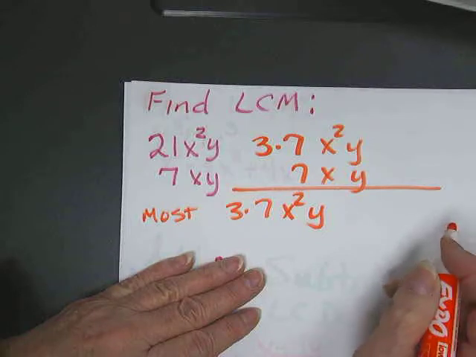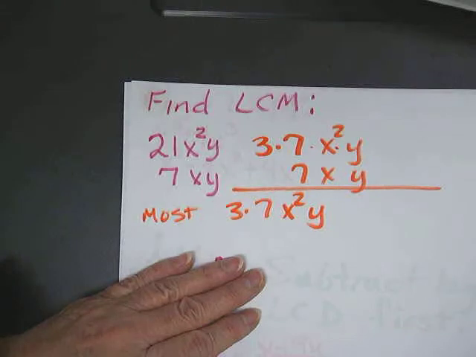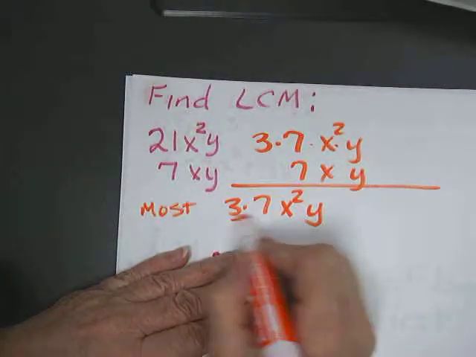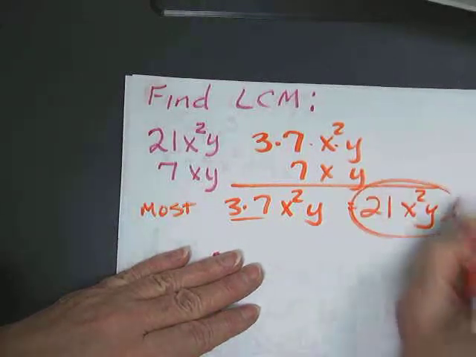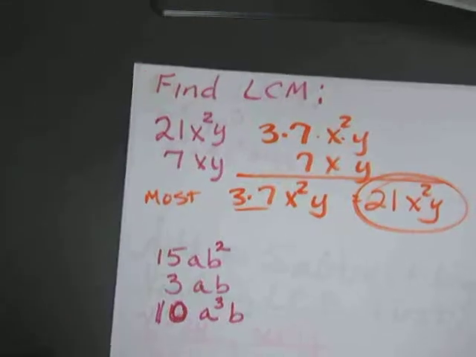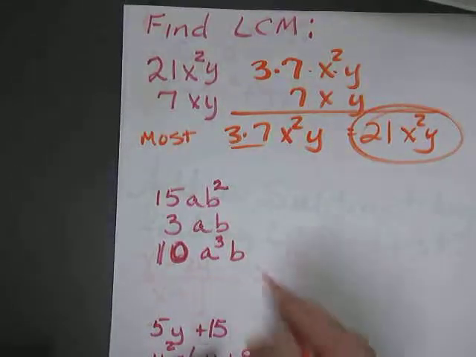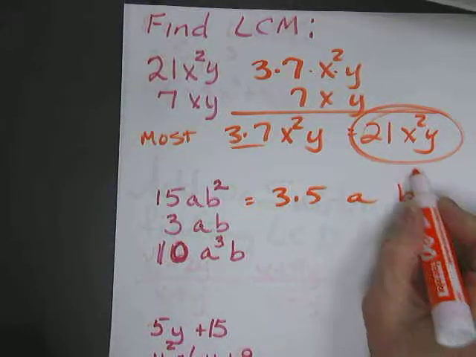Most y's, 1. Don't you put x and then x? You could, you could spread it out. You could put xx, or you could just say what's the biggest exponent. So this is 21 x squared y. That's the least common multiple.